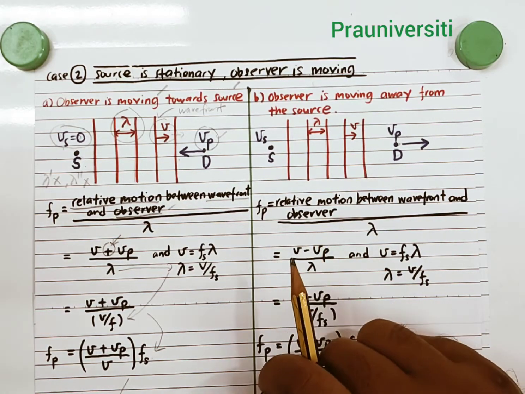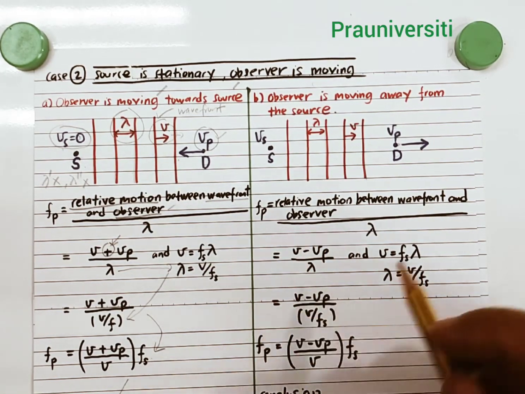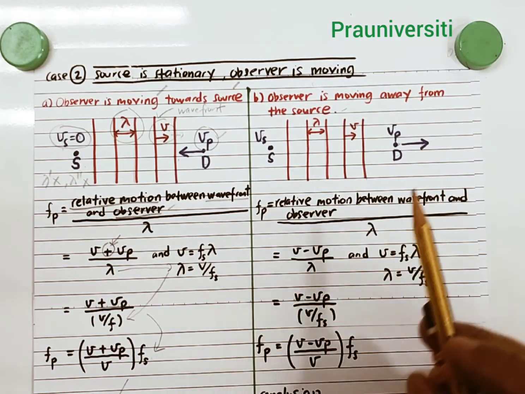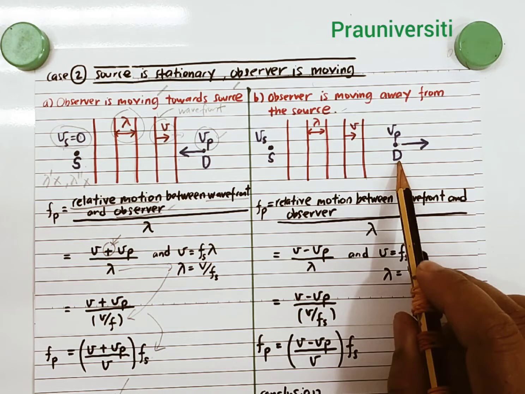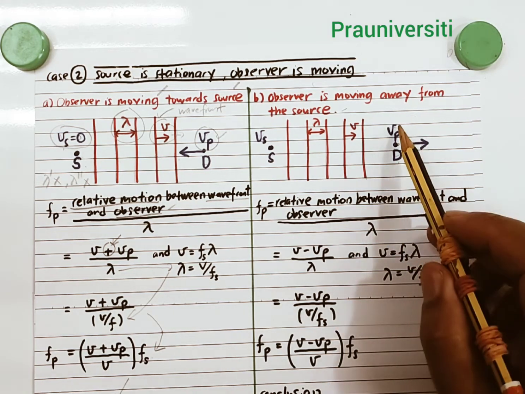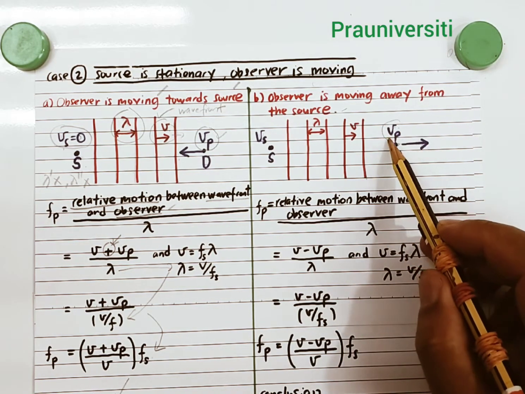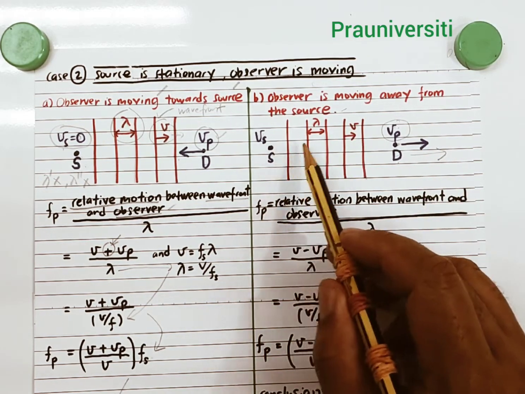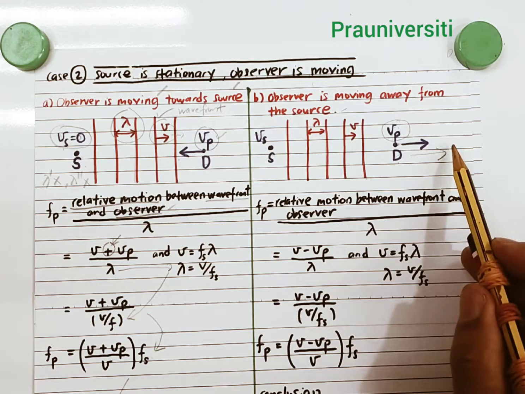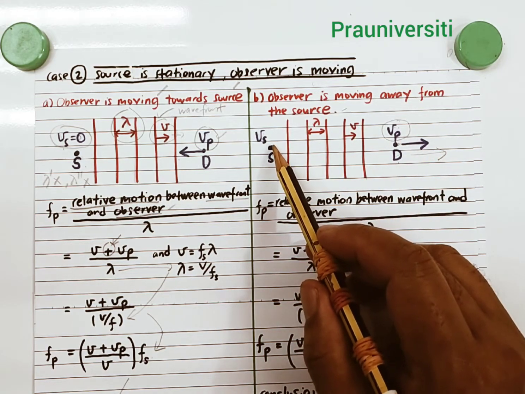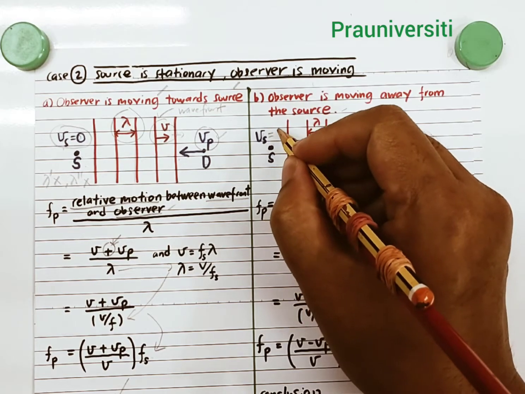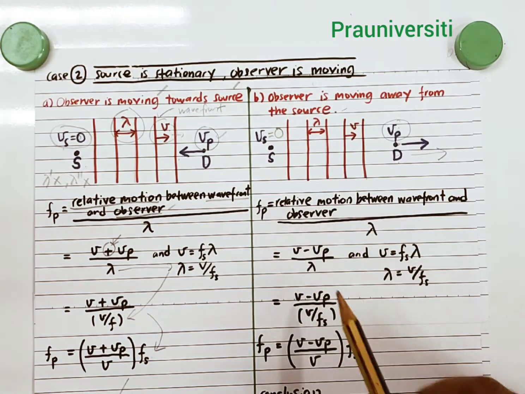So we go for case number 2. Case number 2, the observer is moving away from the source. Okay, so here is the observer, and the speed of the observer is Vp. Now it is moving away. The source is here, so the observer is moving away from the source. The source is stationary, so Vs, the speed of the source, is equal to 0.